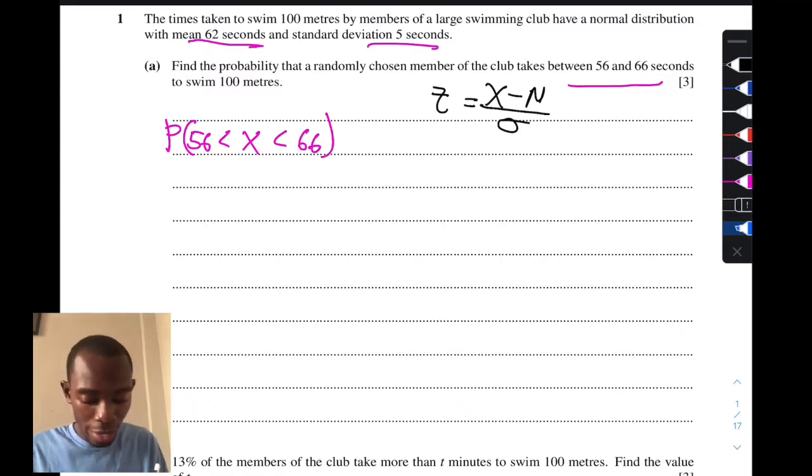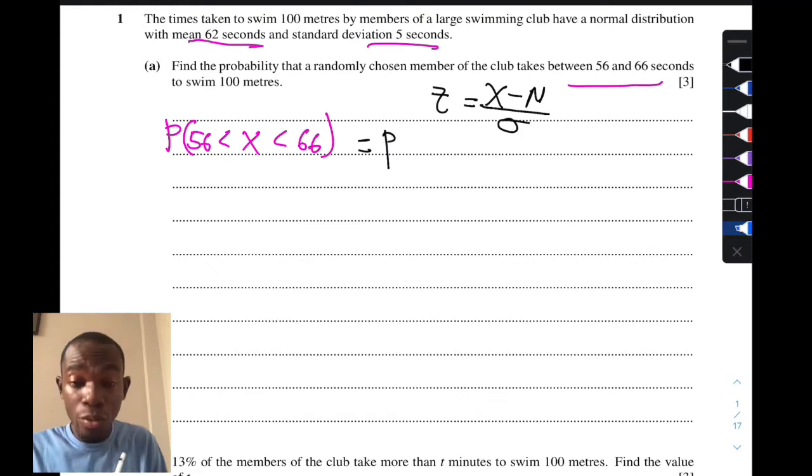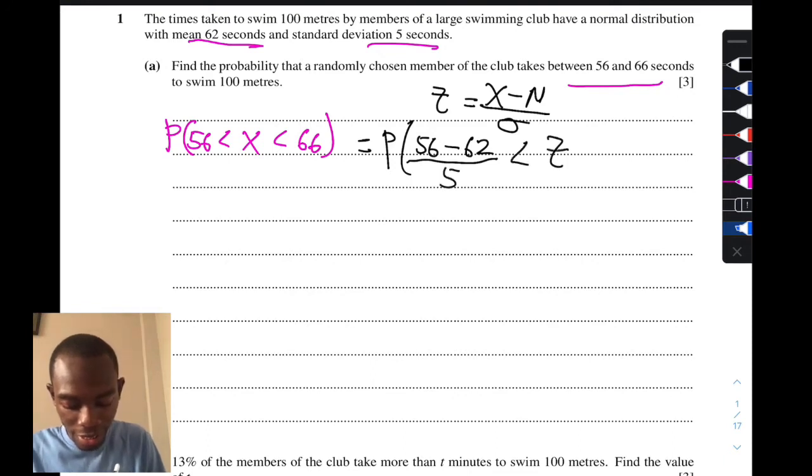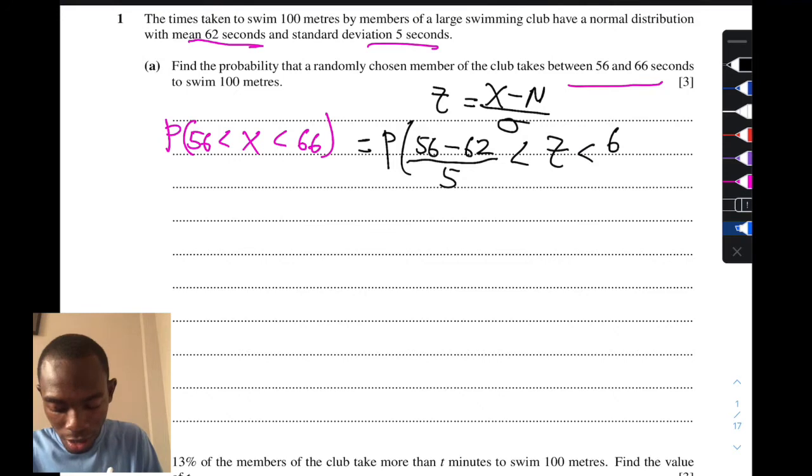Okay, all right, so that would mean that we have where the mu, this mu is the mean given in the question, and this sigma is the standard deviation. Okay, so that means we have 56 minus the mean. Now the mean is 62 seconds divided by the standard deviation of 5 is less than z is less than 66 minus the mean of 62 divided by a standard deviation of 5.